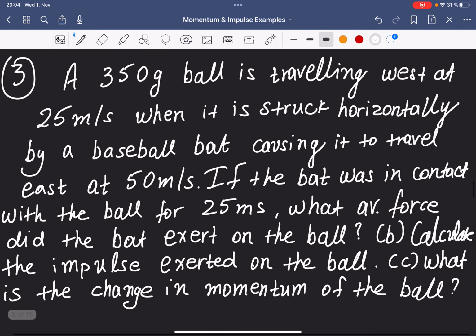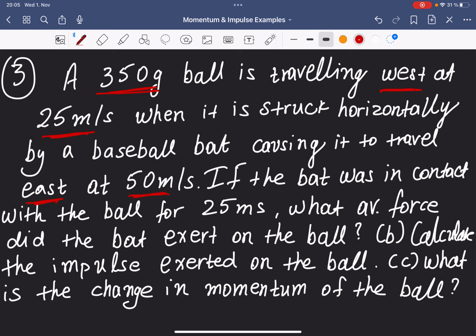Let's look at problem 3, which looks a bit longer. A 350-gram ball is traveling west at 25 meters per second when it is struck horizontally by a baseball bat, causing it to travel east, in the opposite direction, at 50 meters per second.